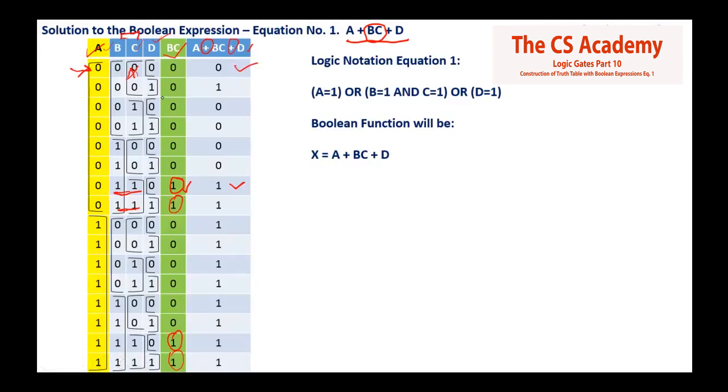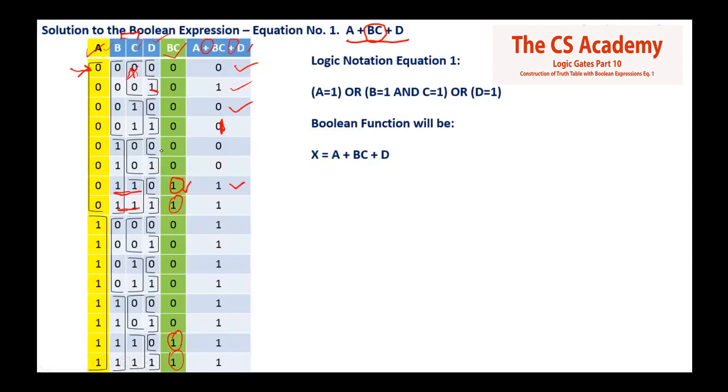There I can see that there is a 1. So in the OR case, I can see that BC is 0, D is 0, this is also 0, all 0, it is okay. Then you can see D is 1. So D is 1, this should be 1, right? This is 1.